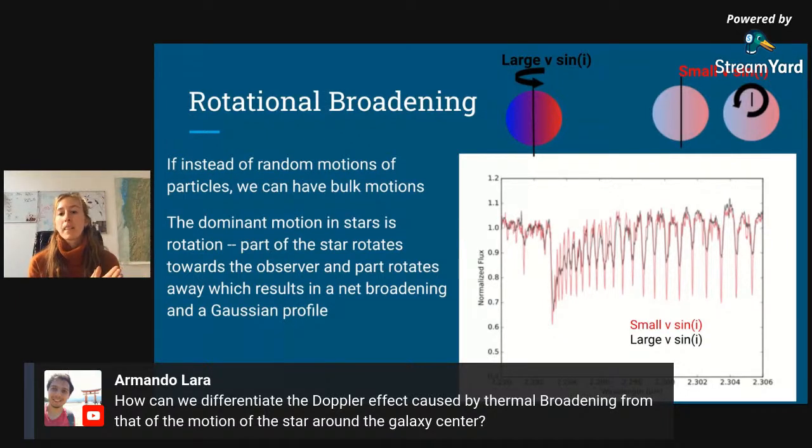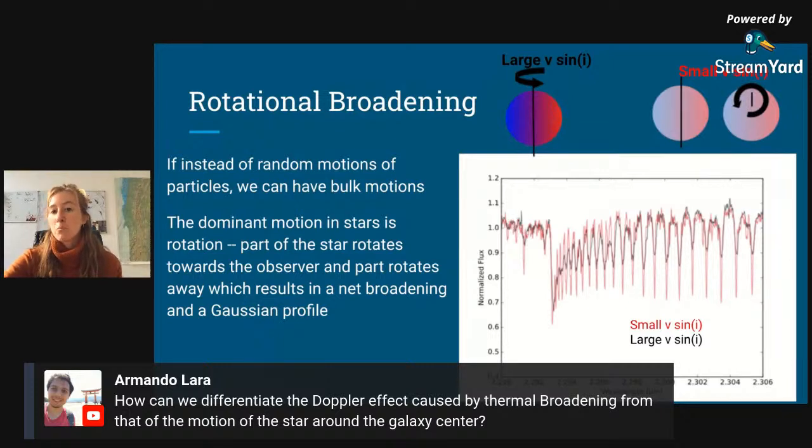So the whole star, as it moves around the galaxy, will have some motion and it'll have some redshift or blue shift. If we just had a redshift, then the lines would all just be moved slightly. So you would get these narrow, deep absorption lines, but just moved either to the left or to the right.